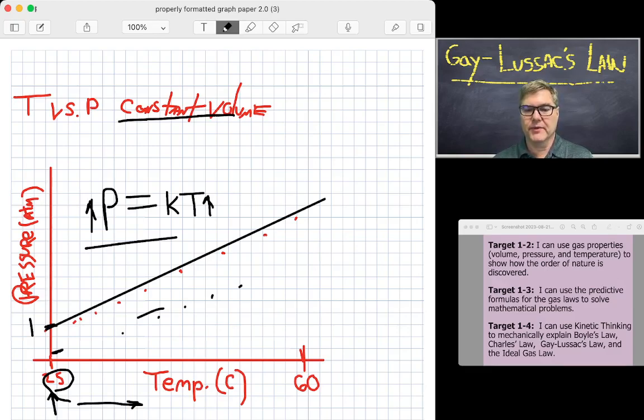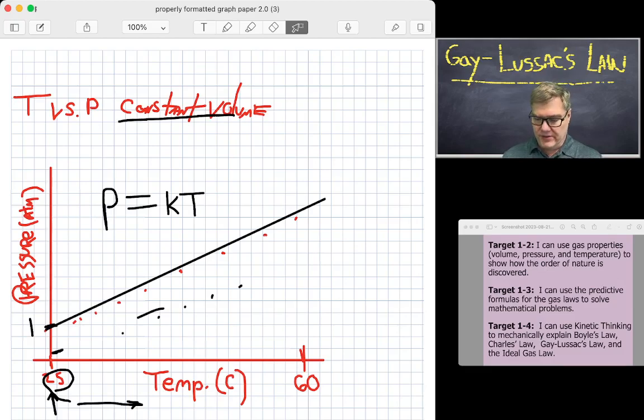Let me clean up this. Now, what I'm going to tell you is you've actually seen something like that P equals KT before. Because when you were in algebra, you learned about the equation for a straight line. And we do have a straight line here.